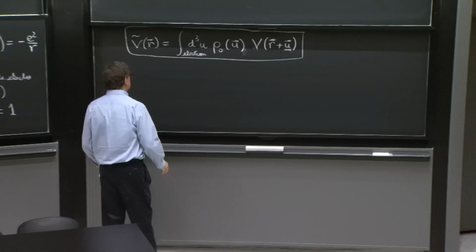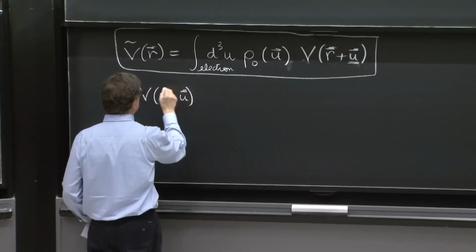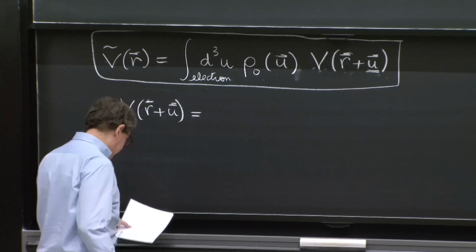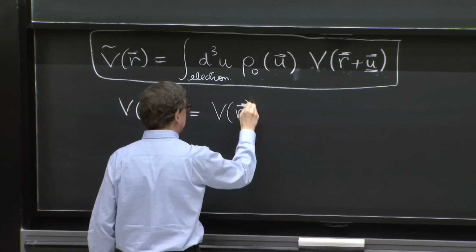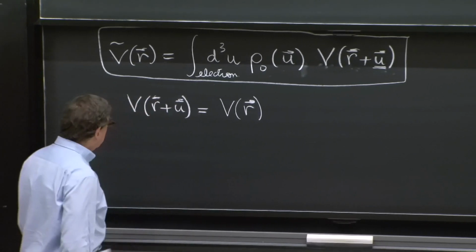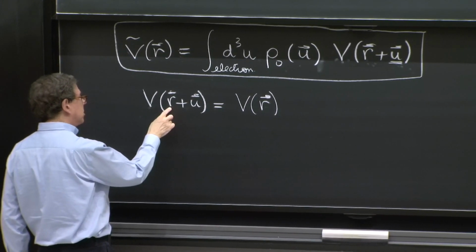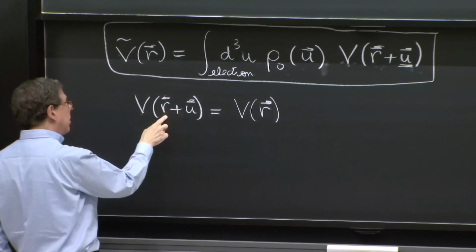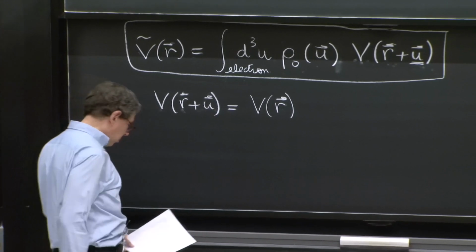So let's write V of R plus u as V of R in Taylor series, plus the next term is the derivative of V with respect to position, evaluated at R, multiplied by the deviation that you moved.